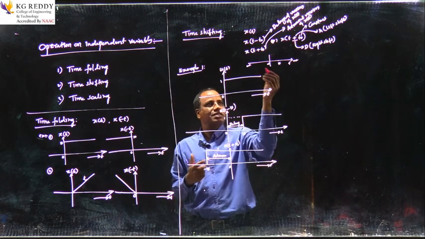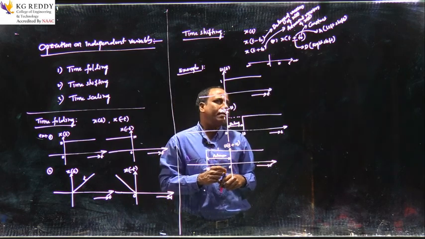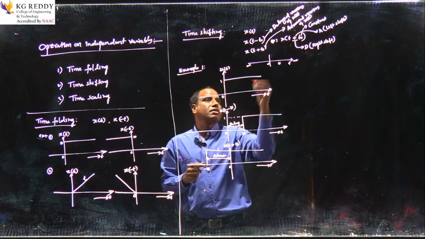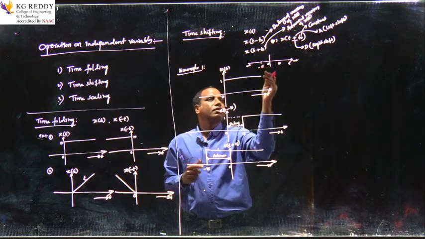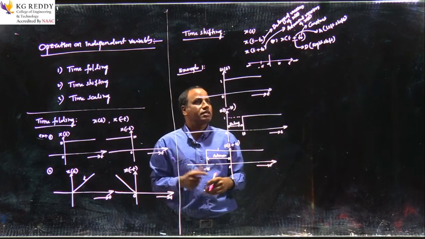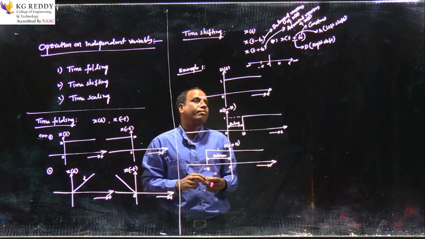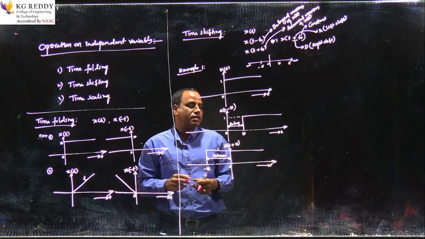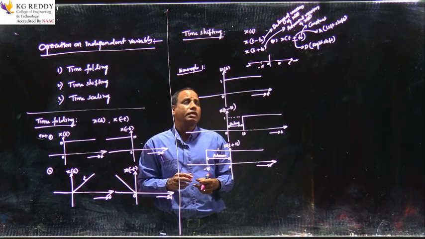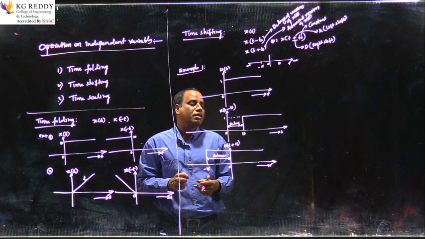Similarly, if the class starts 15 minutes before the commencement, it starts somewhere at minus 15. We have preponed, advanced the class, and started 15 minutes before. That's the reason we call it advance. This is an example of how the delayed and advanced versions of signals can be drawn.